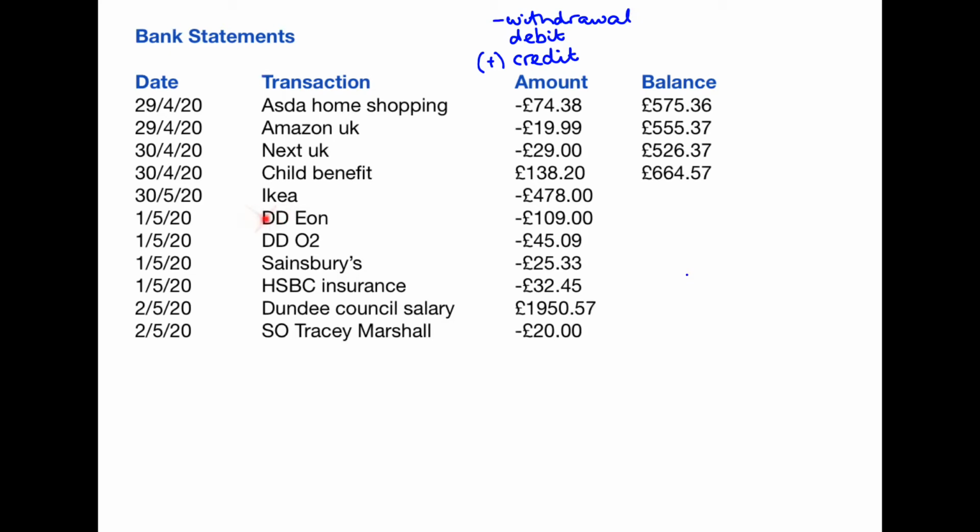When we look further down, we can see that a couple of these have got the letters DD in front of them, and E.ON is an energy company for gas and electricity. O2 is obviously a mobile phone company. DD stands for direct debit.